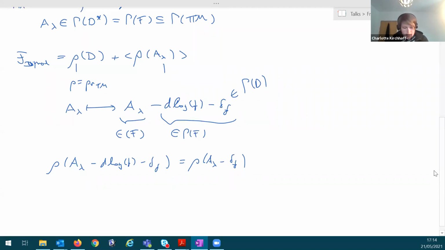Right. However, there is now a difference already to the Poisson case. So in the Poisson case, the dual of the Lie algebroid can always be chosen to just be the tangent bundle, right? So Poisson structures are precisely those Dirac structures that are transverse to the tangent bundle. And thus, the characteristic section can always be seen as just a vector field.